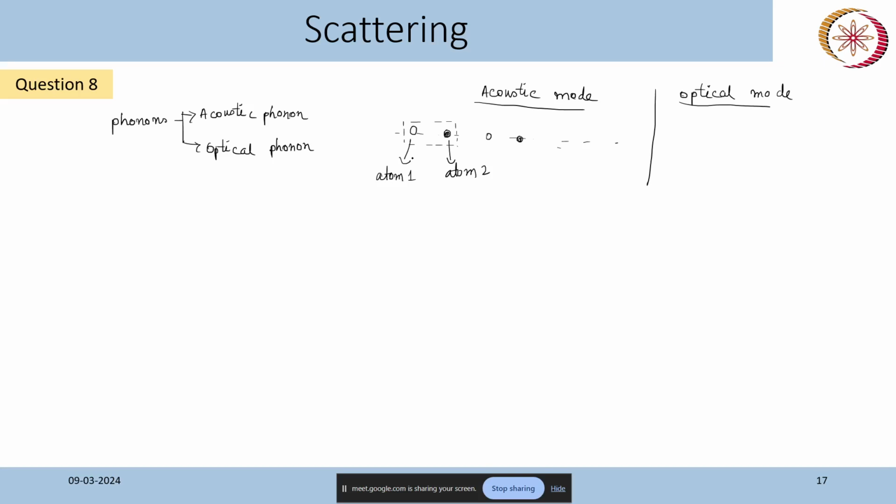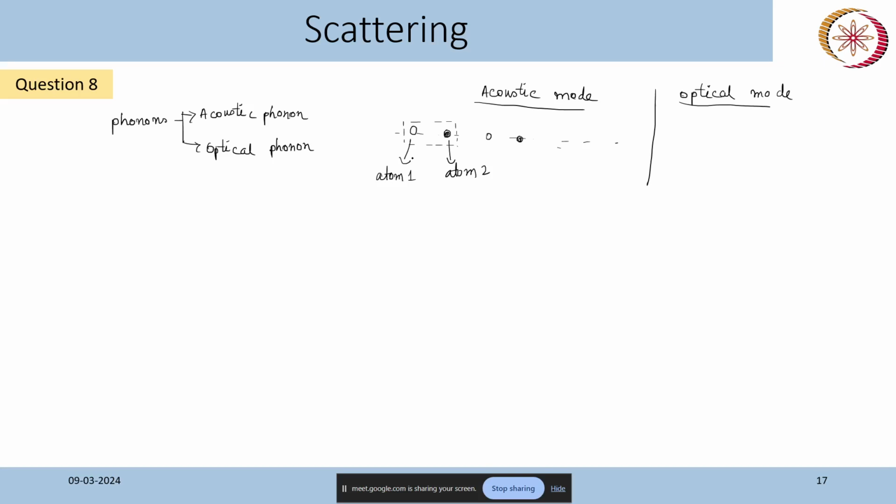Now in acoustic mode phonons, these two atoms vibrate in the same direction. This is atom 1 and atom 2. They both move in the same direction, either this direction or this direction, but in the same direction. That is known as the acoustic mode. Another mode is the optical mode. Suppose one atom is moving in this direction and another atom is moving in this direction.